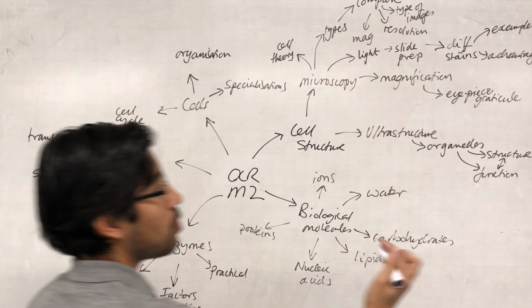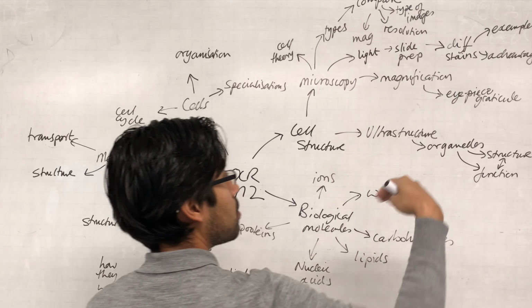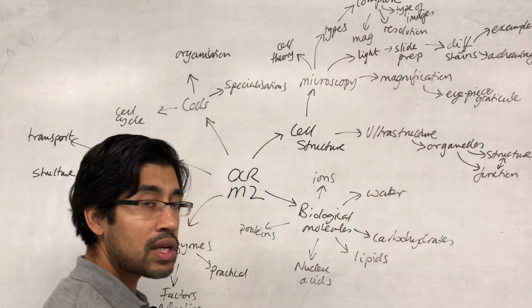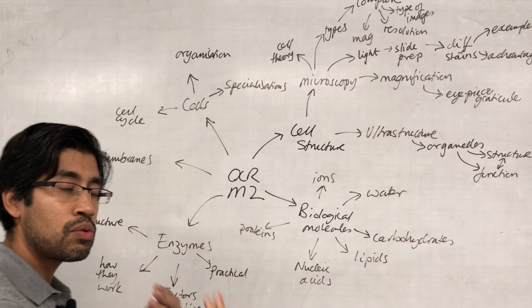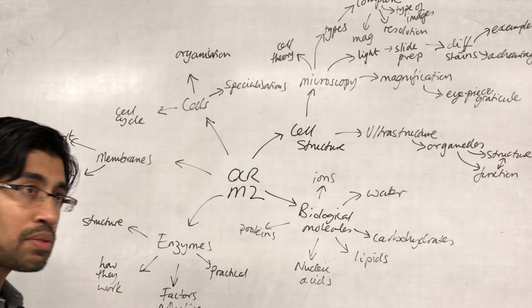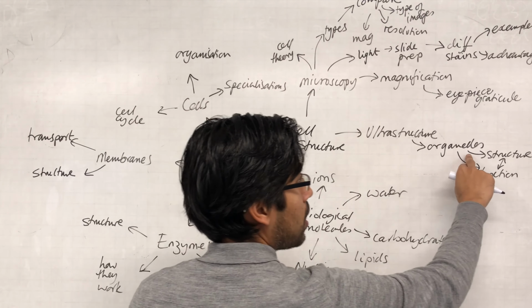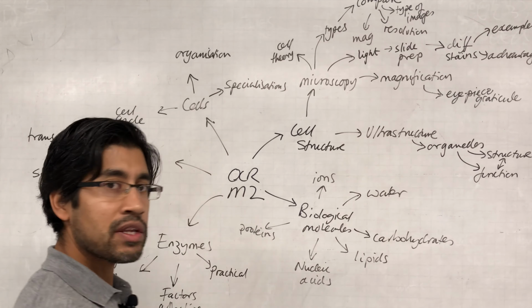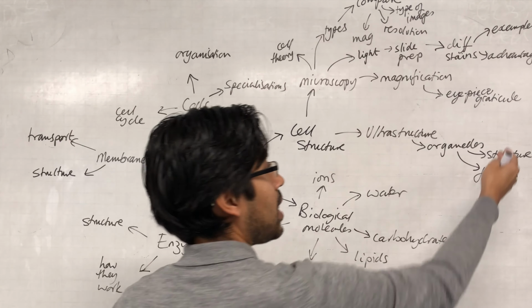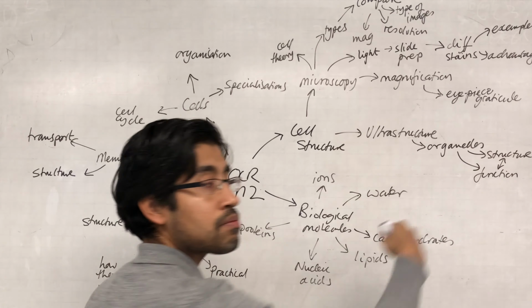Okay, so for example, if we're talking about the smooth endoplasmic reticulum, we know that its function is to synthesize lipids, for example, or carry out lipid metabolism. But what is the structure part of the smooth endoplasmic reticulum that actually relates to that function? Because no function is possible without the structure. All right?